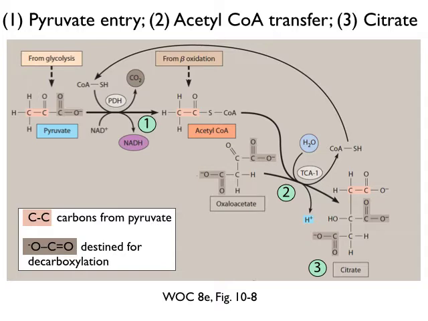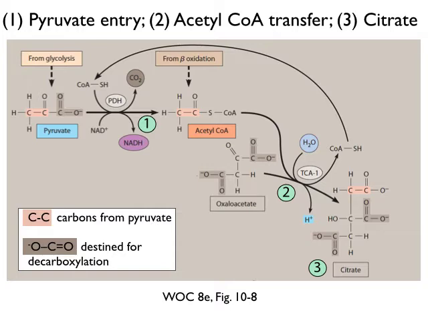In addition, this diagram, figure 10.8, shows in dark brown the carboxyl groups that ultimately are destined for oxidative decarboxylation and hence liberation of CO2. So you can see that the carboxyl group from pyruvic acid is going to be liberated in this first step, and that's going to create a molecule of NADH.